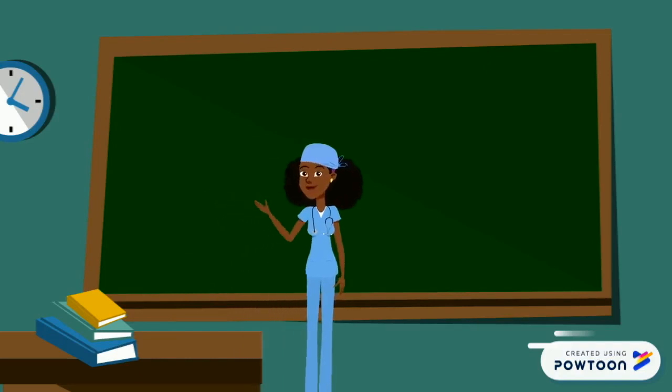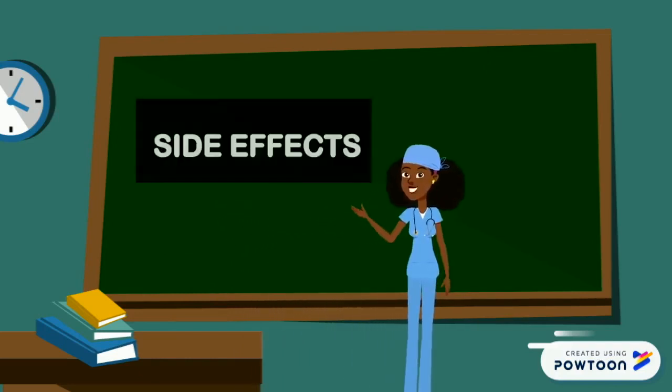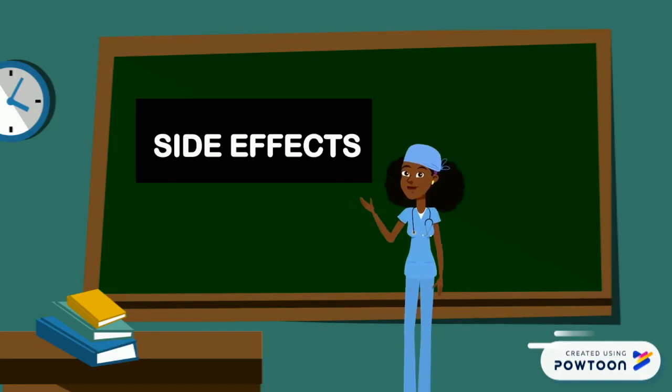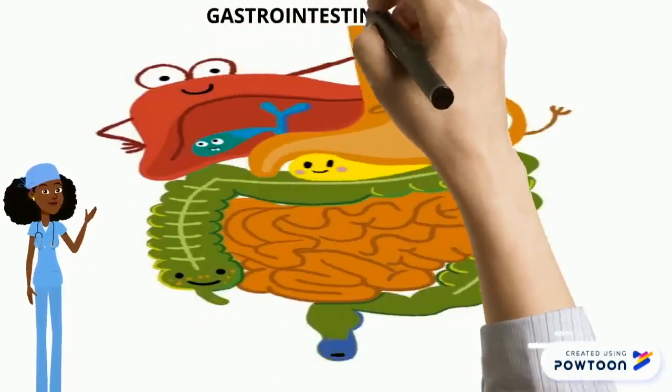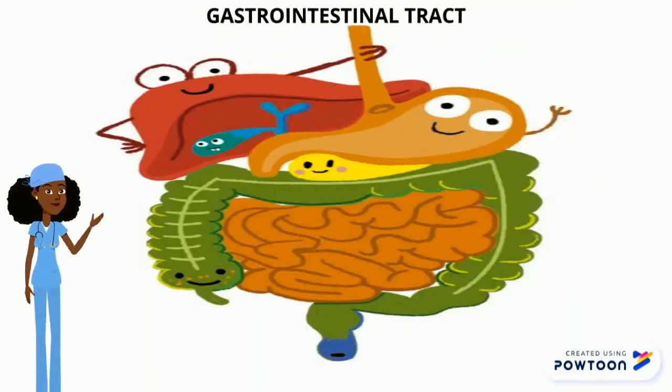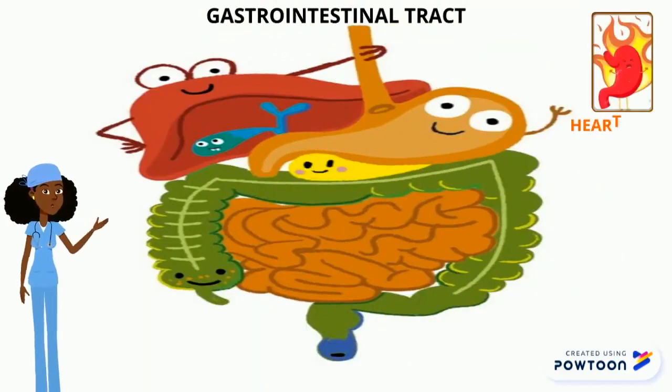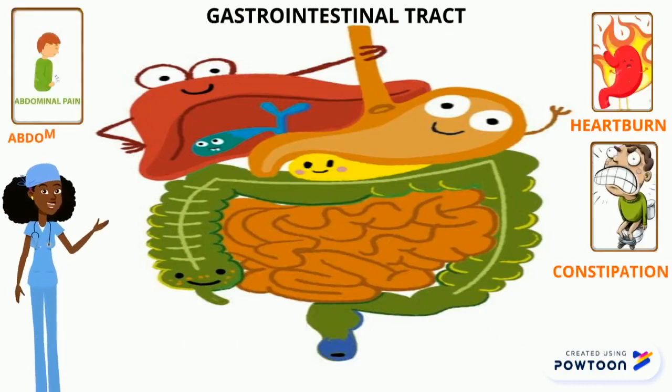Now, while this medication is being used, there are some side effects individuals may experience during the course of therapy. All the side effects I'm going to mention now seem to happen at a rate of 3% to 9%. This includes, in terms of your gastrointestinal tract, heartburn, constipation, abdominal pain, as well as nausea.